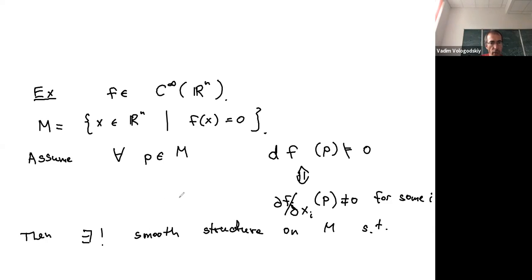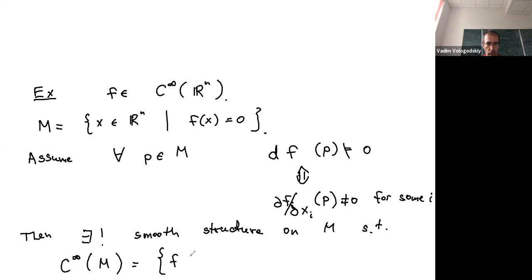So instead of defining charts, I will just tell you what smooth functions on M are. And as we already discussed, a smooth structure is determined by this. So there is a very natural choice.